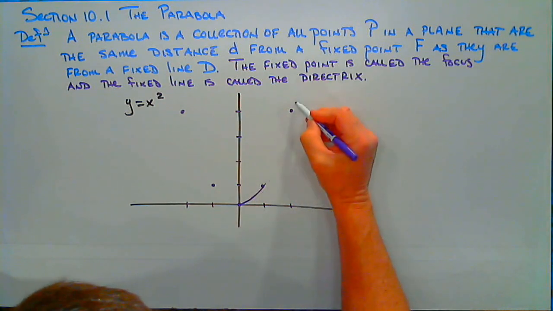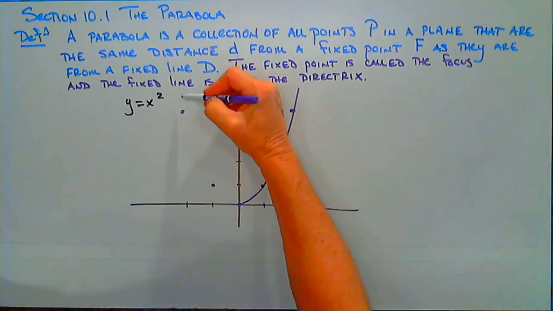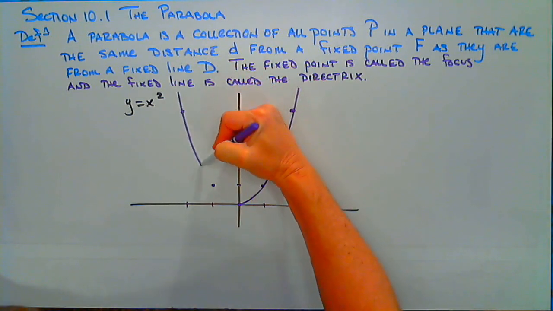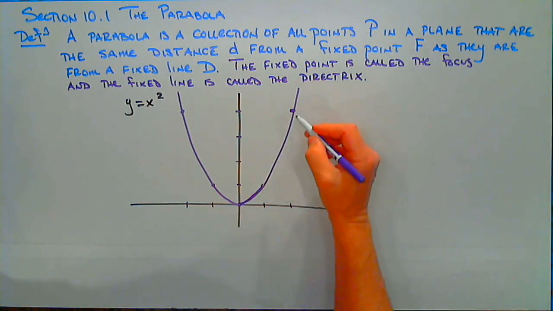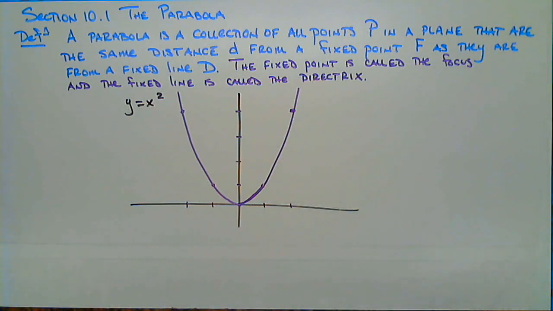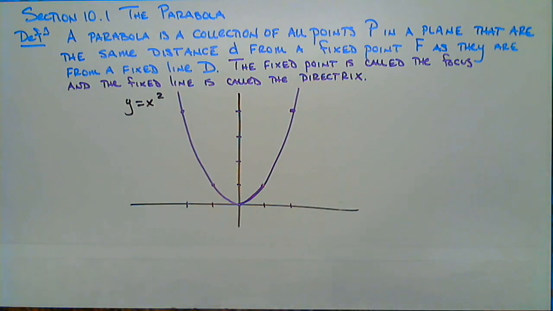These are the points that we think of as being the important points of our friend the basic parabola. Now, what does this definition say? Well, you'll notice that the definition doesn't even talk about the vertex.